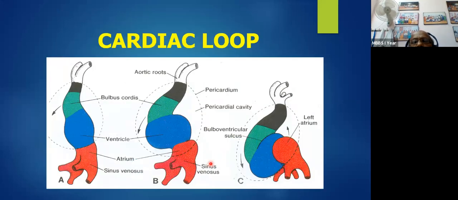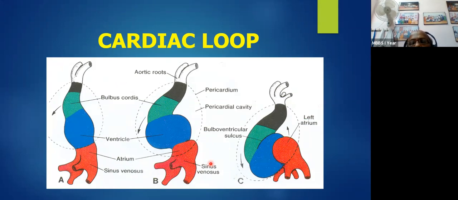Now this cardiac loop we will see. Clearly, all of you read these diagrams. See the outline of your pericardium, and how the bulbus cordis, ventricle and atrium are in relation to it. The entire atrium and sinus venosus are outside.